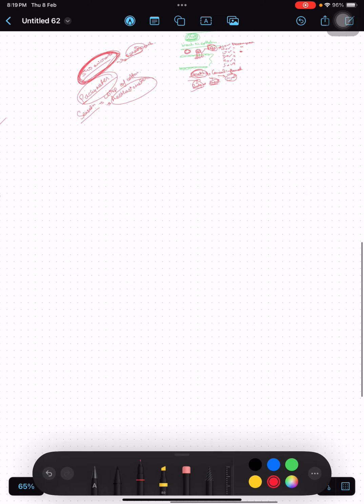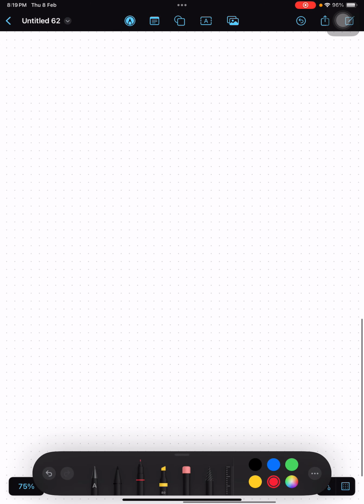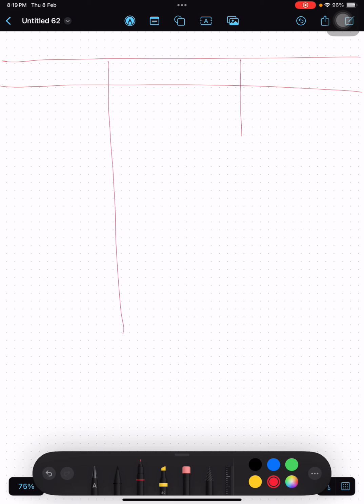So I will be making a chart for you so that it's very easy for you to understand. I think you can take a screenshot. You don't need to write a lot.